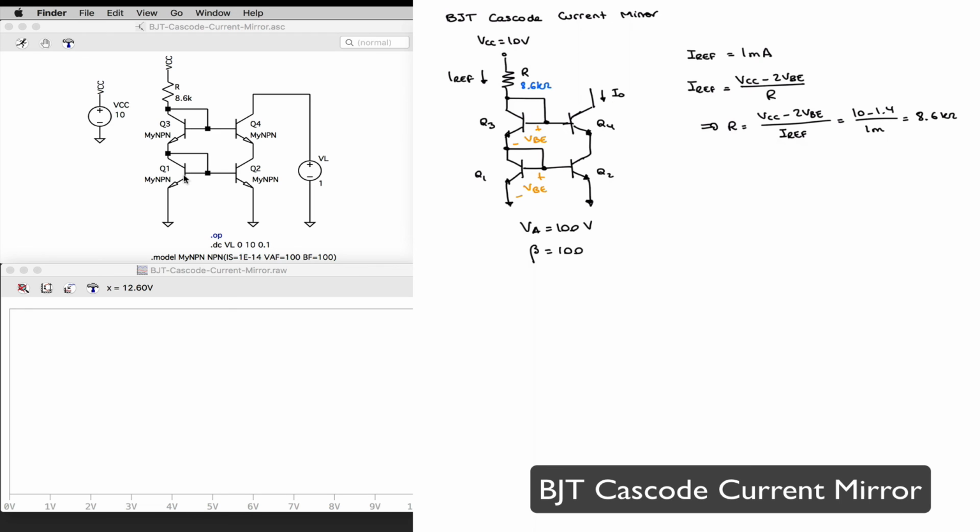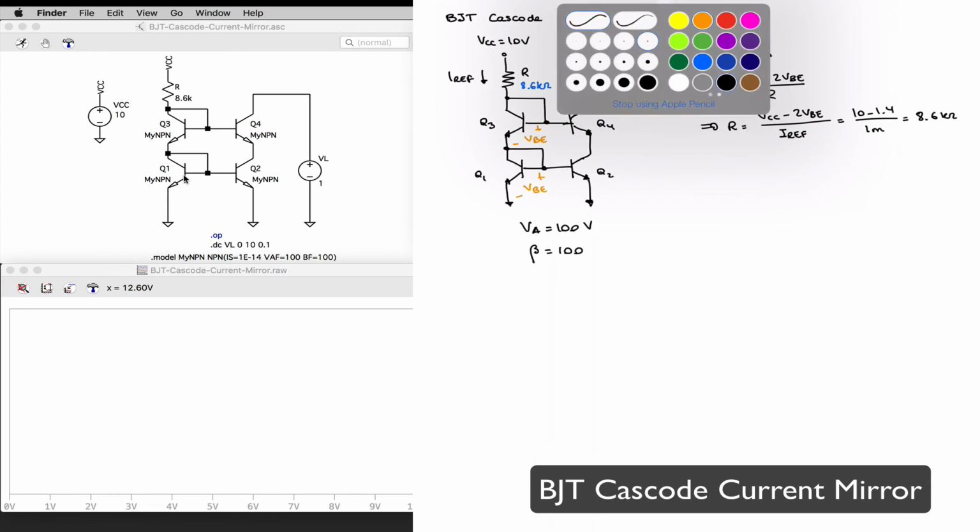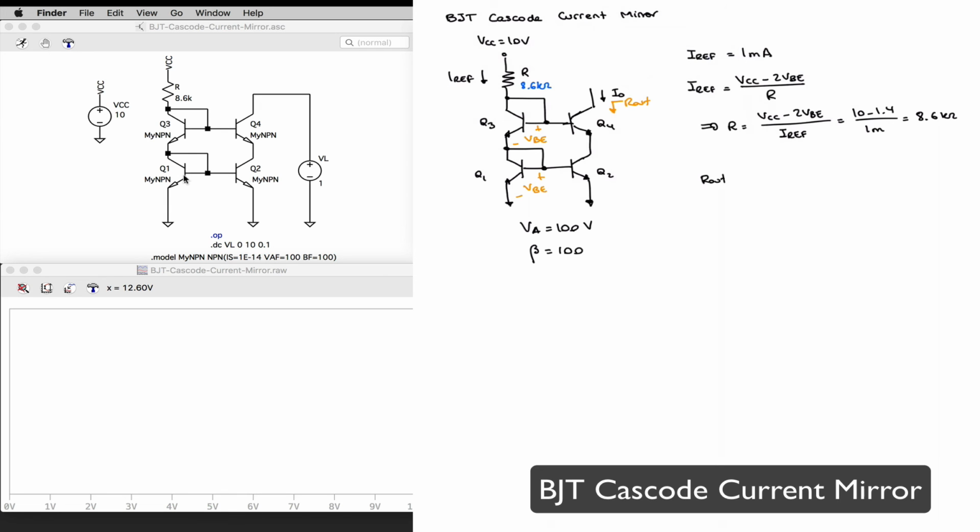And my output resistance, I'm expecting it to be relatively high, or much higher than the basic current mirror. The basic current mirror is this little r o. In this case, it is approximately beta times little r o, so 100 times better than the basic current mirror.